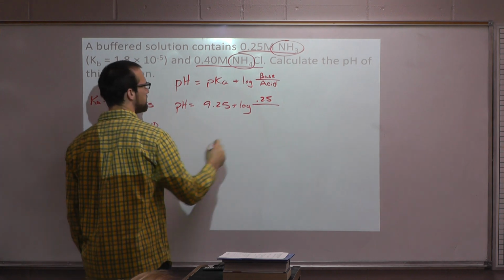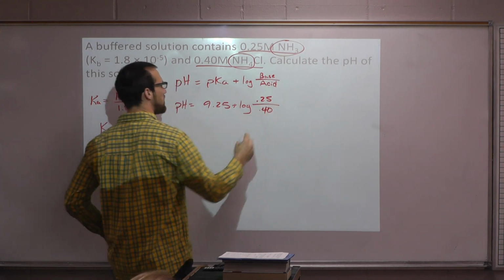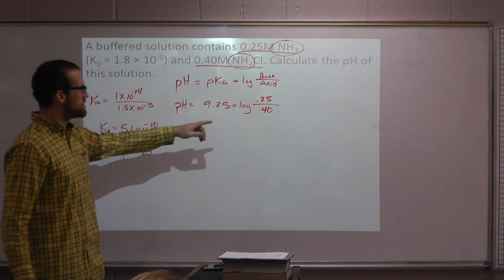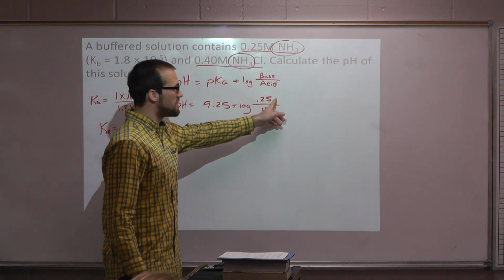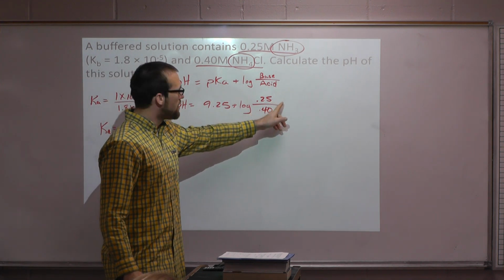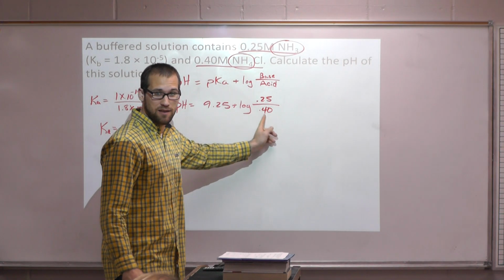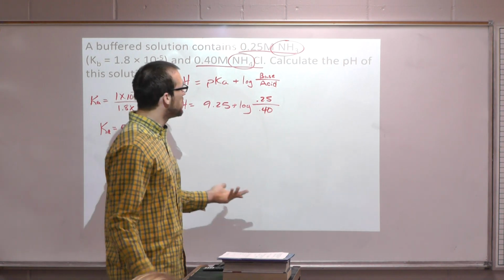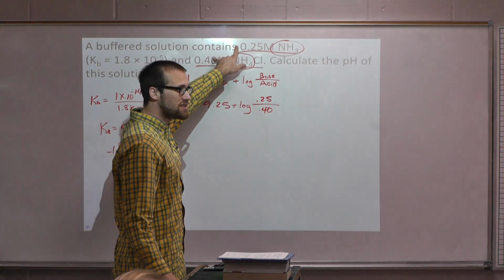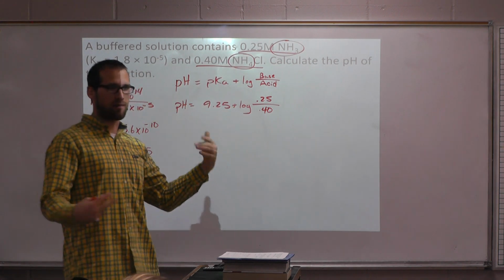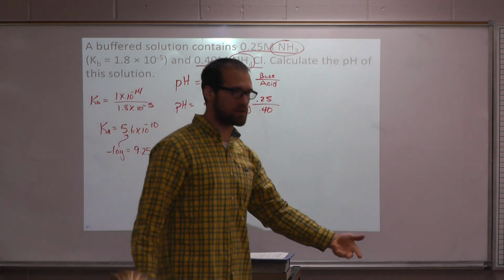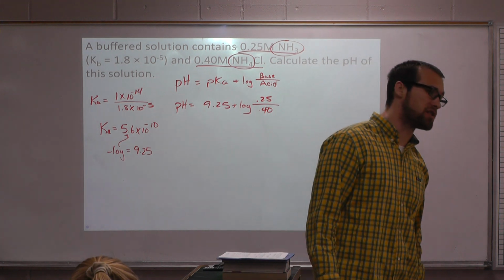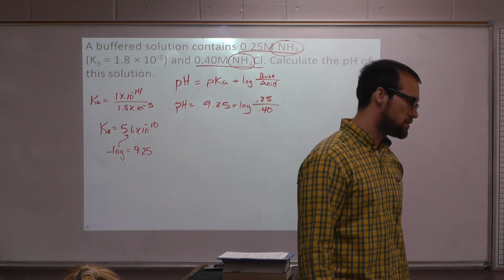And my acid. Now the reason why we can use these numbers is, don't you remember that we're assuming that the x's are so small that it doesn't affect these numbers, right? Because technically at equilibrium, is it actually these numbers? No, but the equilibrium concentrations are so close to those numbers that we're going to get a good enough approximation to work.